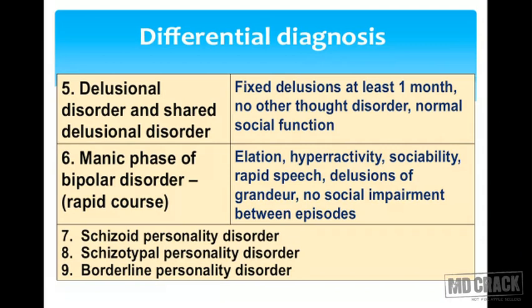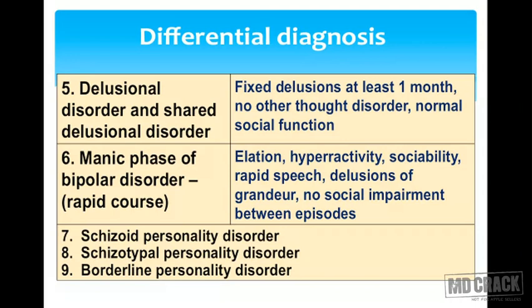This is not schizophrenia. Lastly, you have schizoid personality disorder, schizotypal personality disorder, and borderline personality disorder. These are three personality disorders, and they don't show the typical features of schizophrenia for more than 6 months, and you need to differentiate them from schizophrenia. So the differential diagnosis issue will be extremely important, and something which is going to confuse you mainly is the psychotic episode due to some medical condition in which there are visual hallucinations.